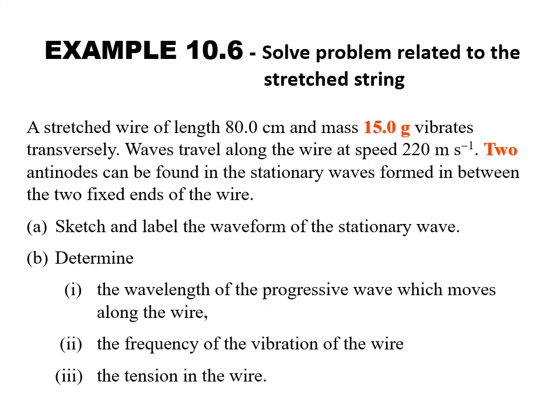A, you need to sketch and label the waveform of the stationary wave. The second question, you need to determine the wavelength of the progressive wave which moves along the wire, the frequency of the vibration of the wire, and the tension in the wire.